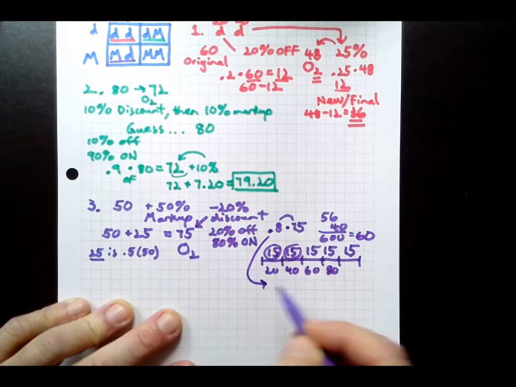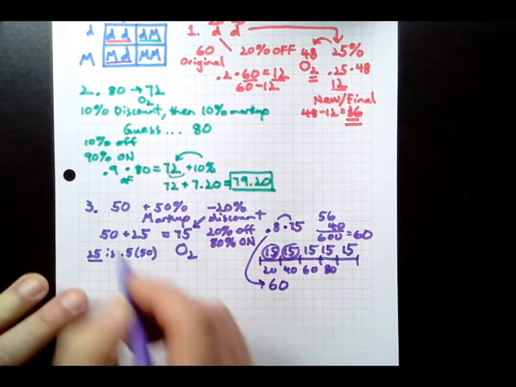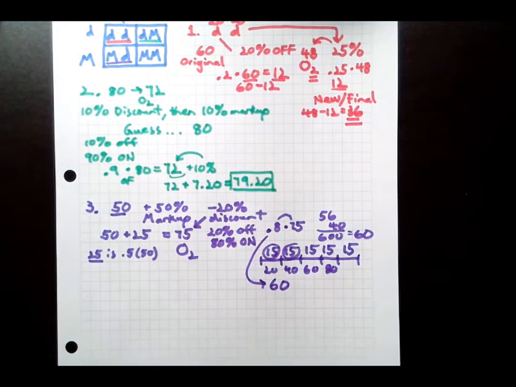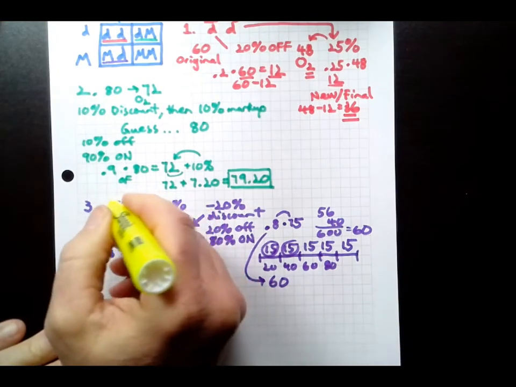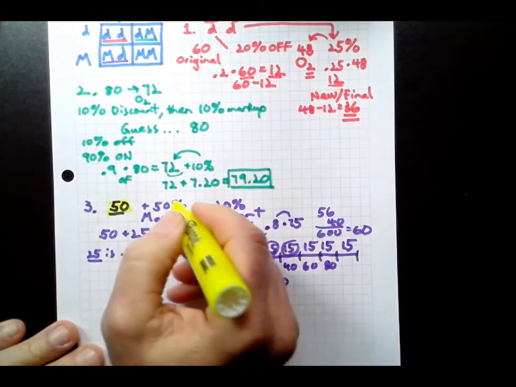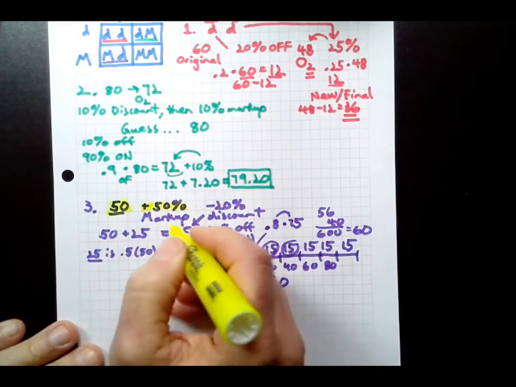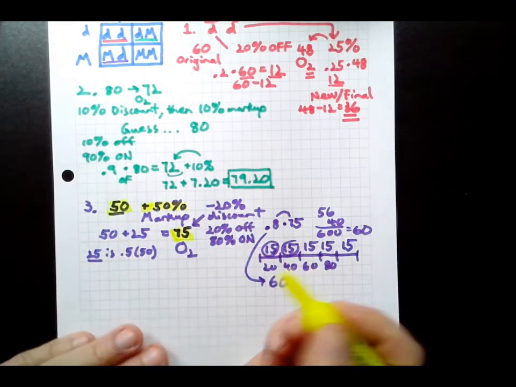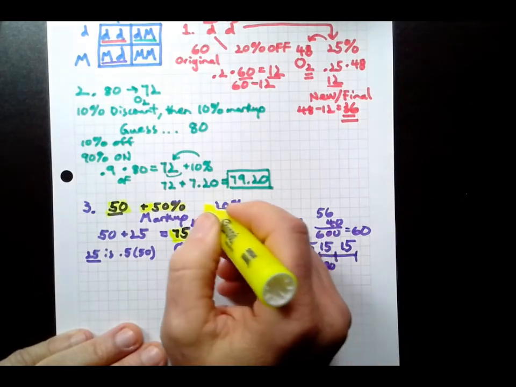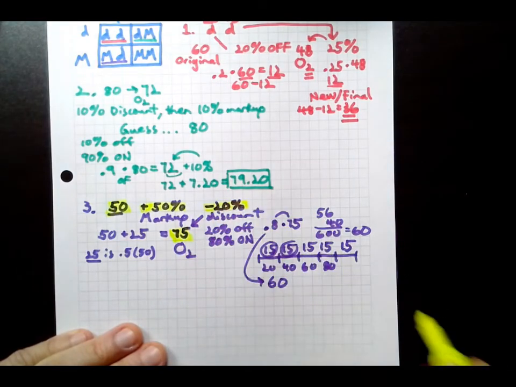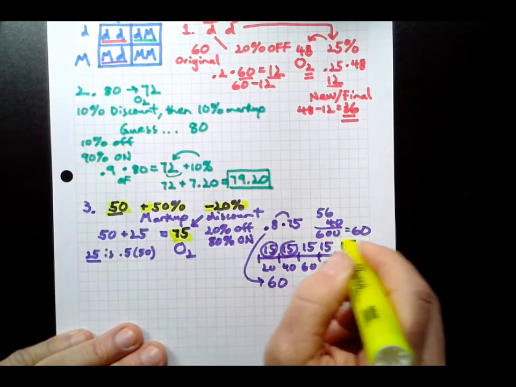So if I started with 50, let me do some highlighting here, it's getting messy. Started with 50, marked it up by 50%, got to 75, which is the new original, took a 20% discount, which means $15 off.